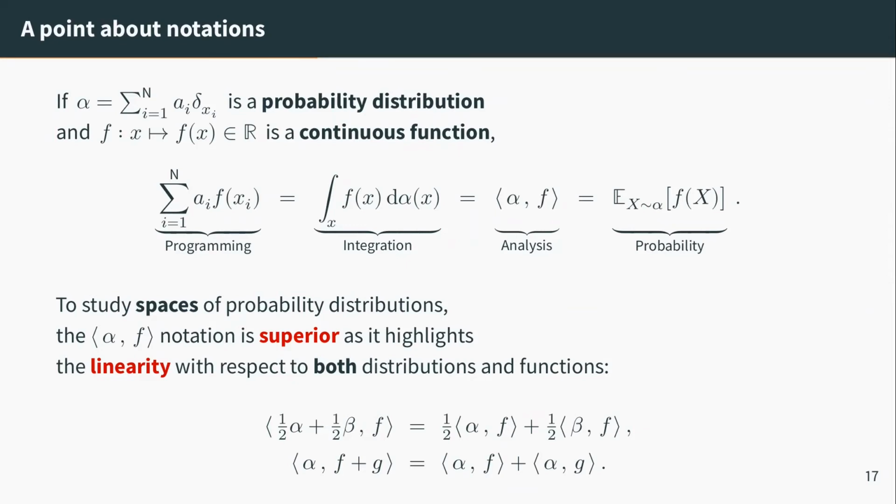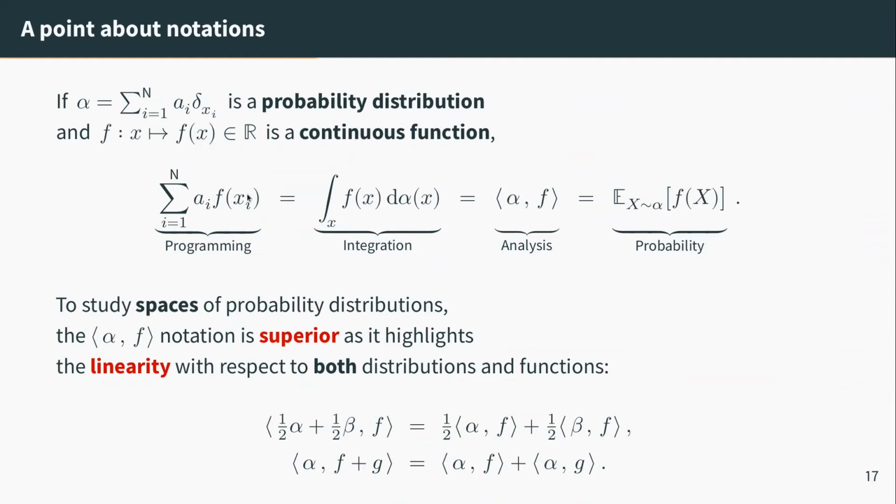Basically, the idea is that the Dirac mass delta x_i corresponds to an evaluation of f. Okay, it's good because when you see that, it's very clear how you're going to implement it. Now, another notation is the one that is used in your lectures on measure theory and integration theory.